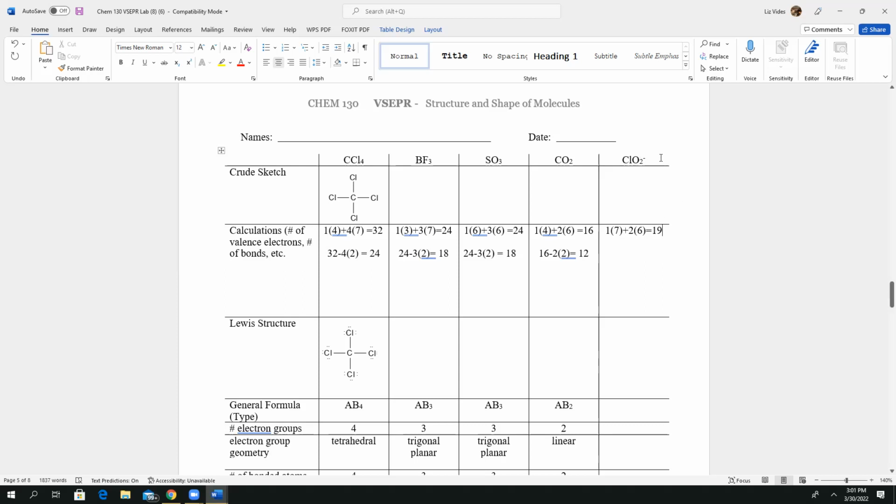But we also have a charge, so we need to add one more. And that gives us a total of 20. Don't forget that the charge is included in here.